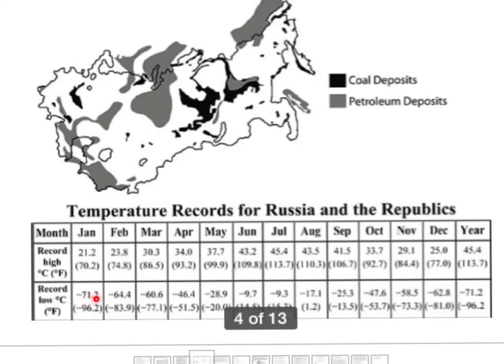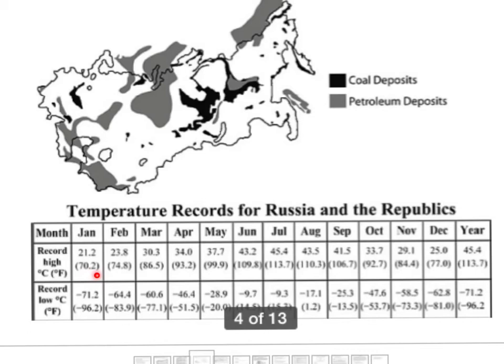So you can look at these temperatures and you can see it's very, very cold, or it can be fairly warm. But remember that these are records. They're not averages. They're the very highest temperatures and the very lowest temperatures recorded through each of the 12 months of the year.